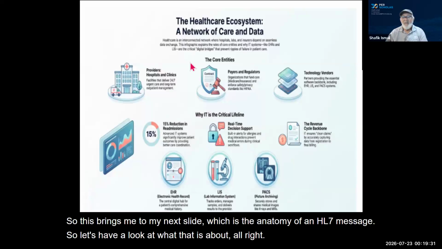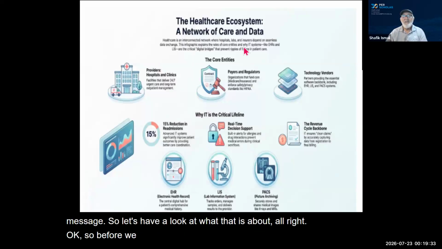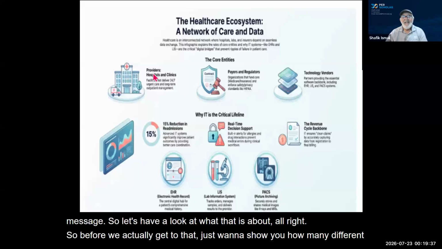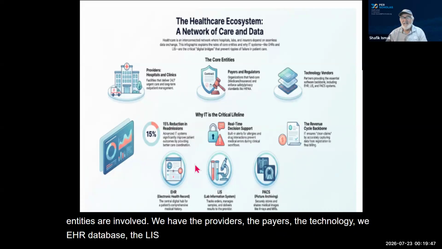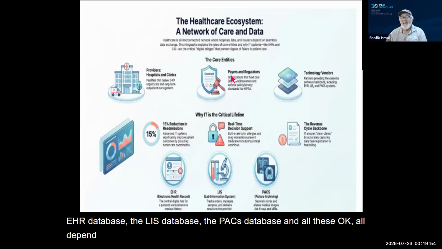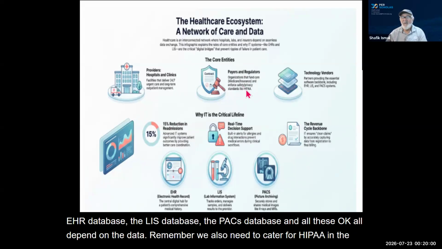Okay, so before we actually get to that, I just want to show you how many different entities are involved. We have the providers, the payers, the technology, the EHR database, the LIS database, the PACS database, and all these depend on the data. Remember, we also need to cater for HIPAA in the US, which is very important.